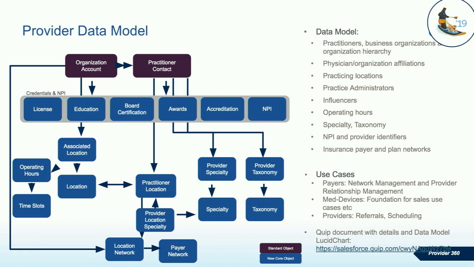So practicing locations, the practice administrators of those locations, when do they work there, their operating hours of the facility, their credential information such as their specialty, their taxonomy, their license information, education, board certification, all of those things, as well as their NPI and other identifiers. And lastly, and most importantly, what networks are they a part of? So we'll go into a little bit more detailed look at this in just a second.